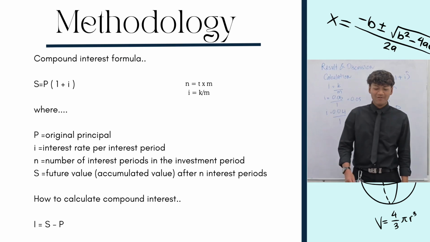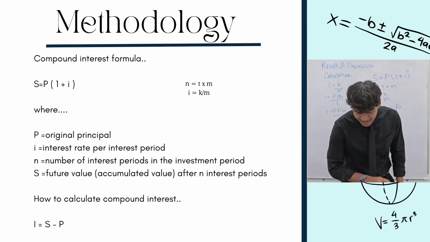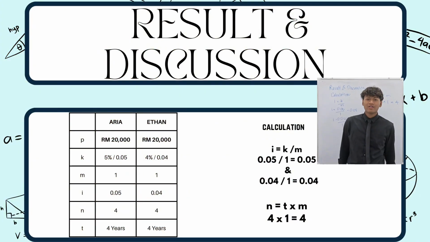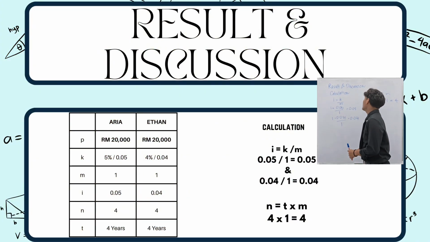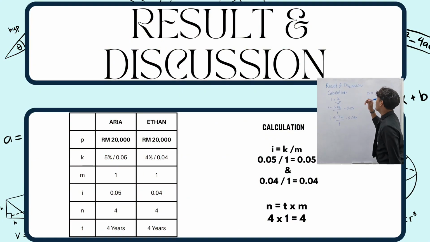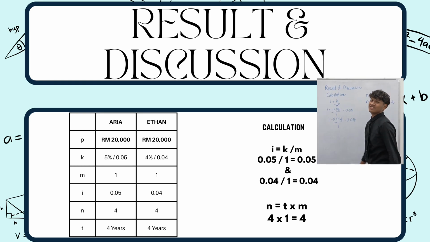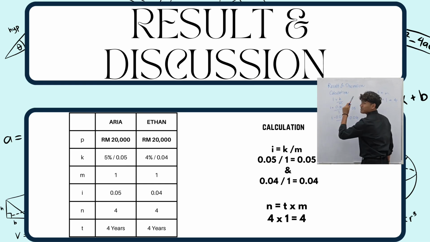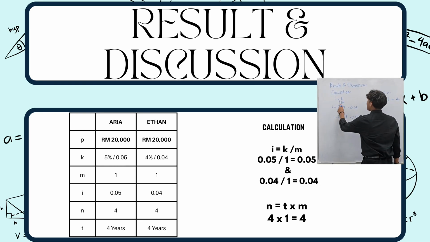Okay, let's move forward to the result and discussion. For this calculation, we have to find the value of i and n. To find the i, follow the formula: i equals j over m.